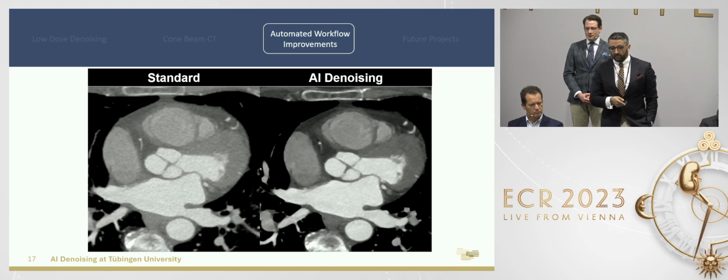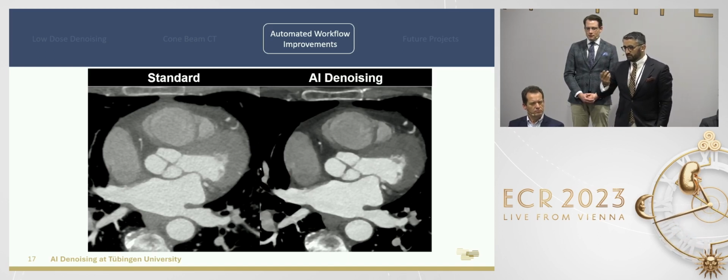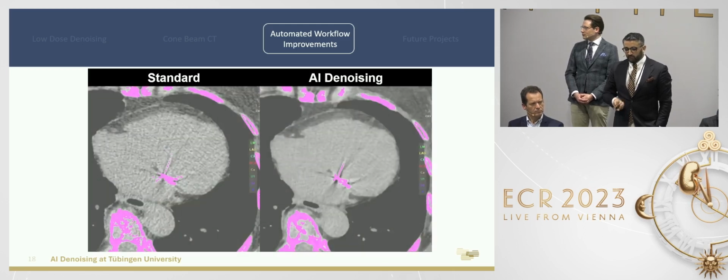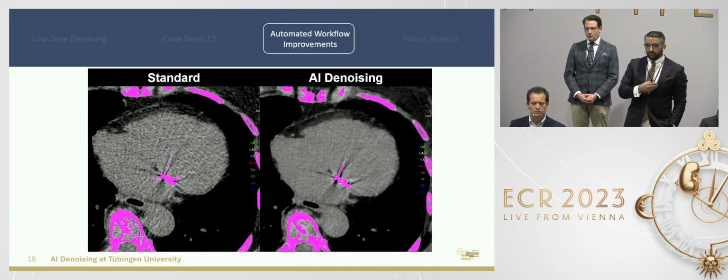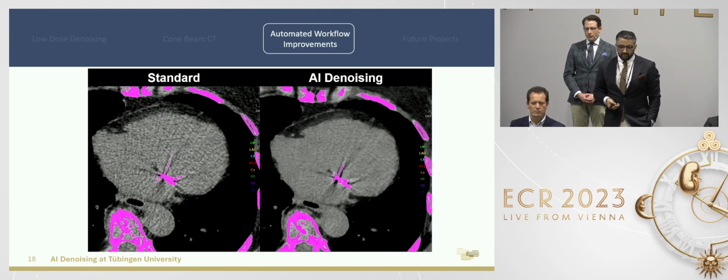We will be talking about if we do cardiac CT and we load it, we use Siemens Syngo.via for calcium scoring, for example. And if you did it once, you know that you might do some corrections. The software will detect some plaques and others not, or vice versa.